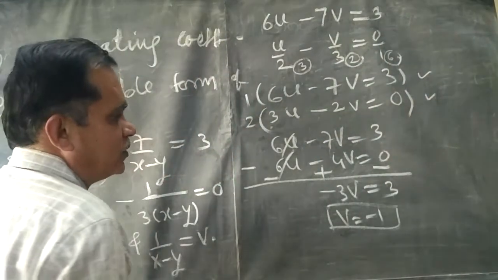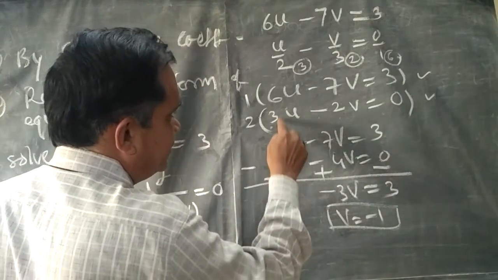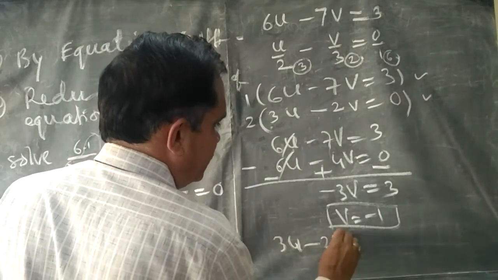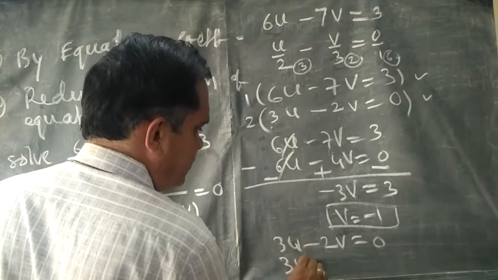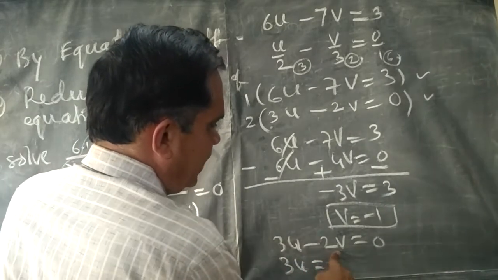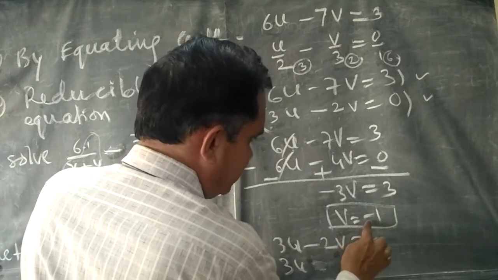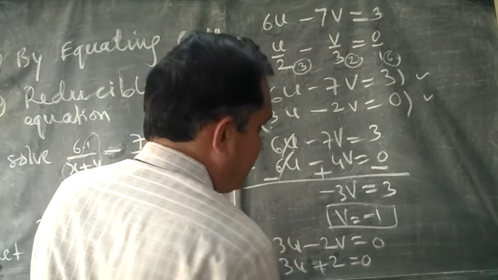Yes or no? See, tell me which should I take, first or second? I am taking second: 3u minus 2v equal to 0. So 3u, minus 1 into minus 2 is plus 2, equal to 0.